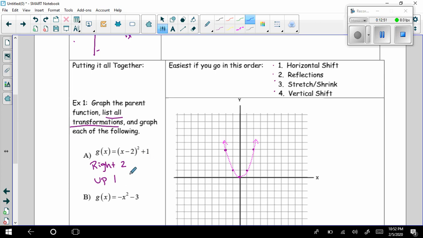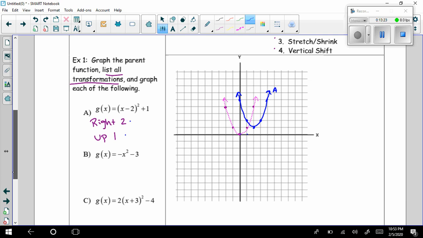But every single point in this graph needs to go right 2 and up 1. So we're going to go right 2, up 1 with the vertex. And then this one goes right 2, up 1. This one will go right 2, up 1. Same thing, right 2, up 1, right 2, up 1. And so this is, let's call it function A.